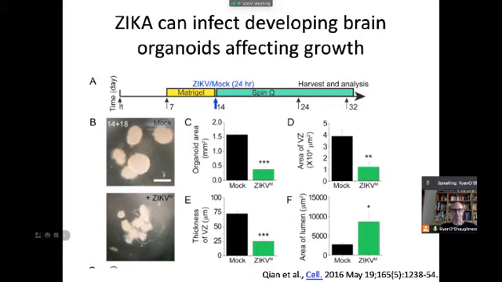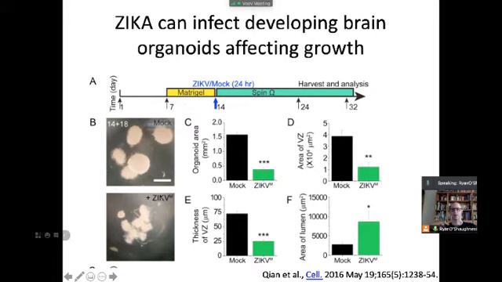And sure enough, when they infected their organoids with Zika virus, we saw very obvious changes to the organoids.